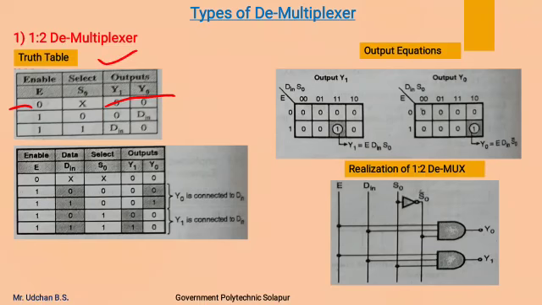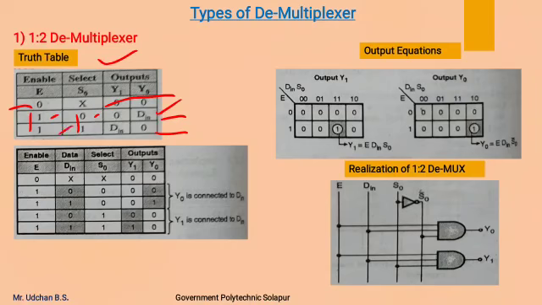Therefore we will not get any data over the output line. Whereas when enable input is 1, depending on the status of the select line, we will get data over the output line. So when enable input is 1 and select line is 0, we will get data over the y0 line.